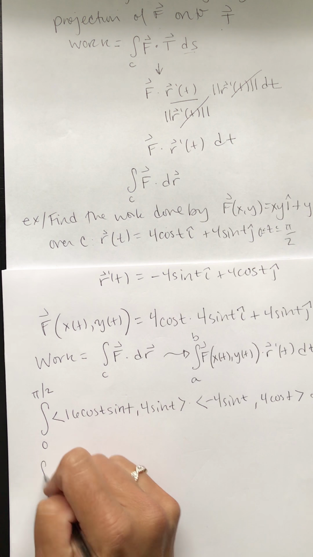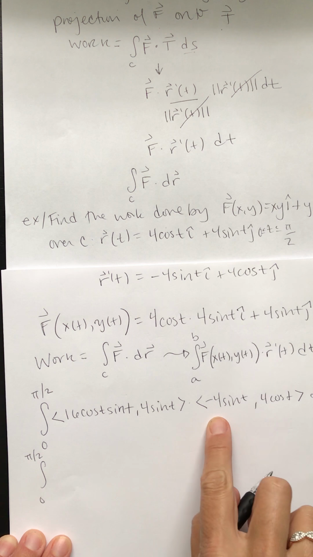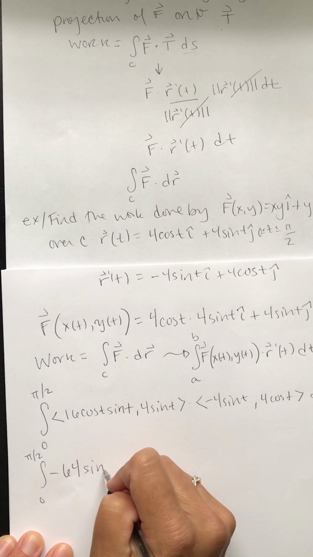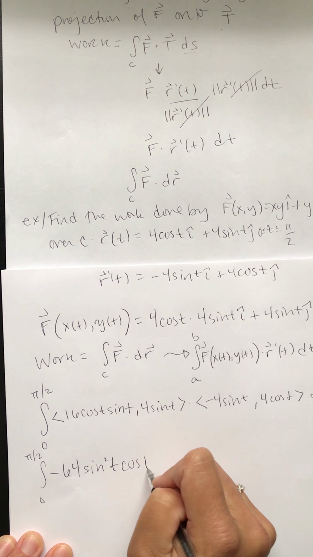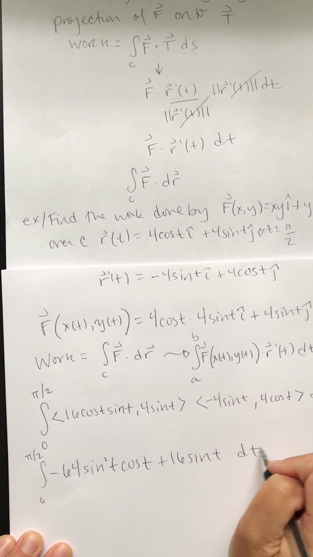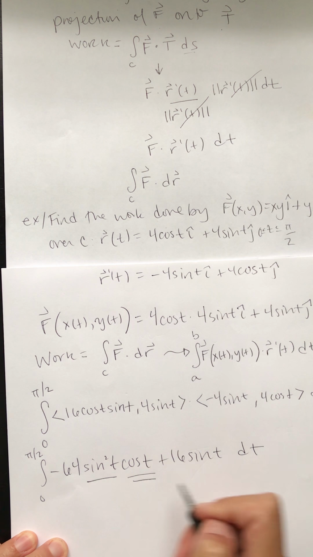When I dot these together, I get -64 sin squared t cos t + 16 sin t dt. So now I'm ready to take the antiderivative, and it's just a normal integral. I see something and its derivative.